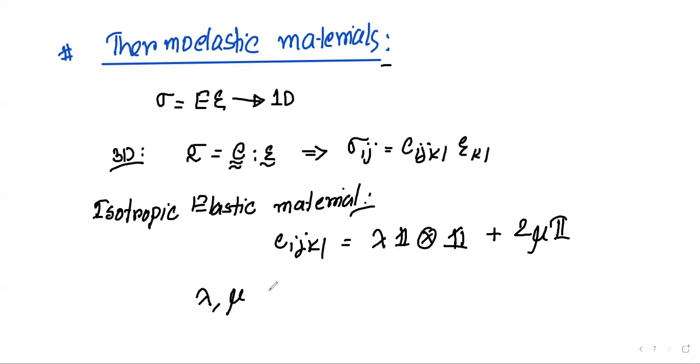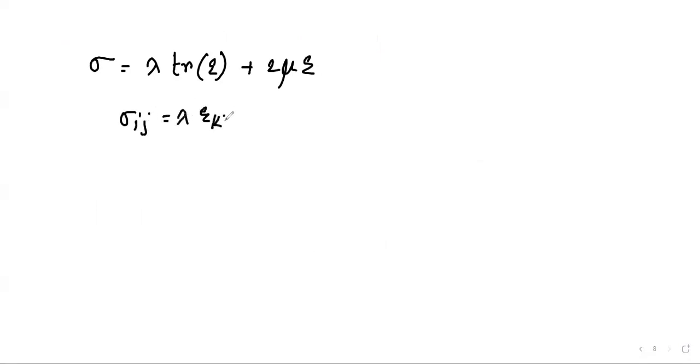These are from the theory of elasticity. Sigma can be written in this fashion: lambda times trace of strain plus 2 mu epsilon. In the index notation, we can write sigma ij equals lambda epsilon kk delta ij plus 2 mu epsilon ij.